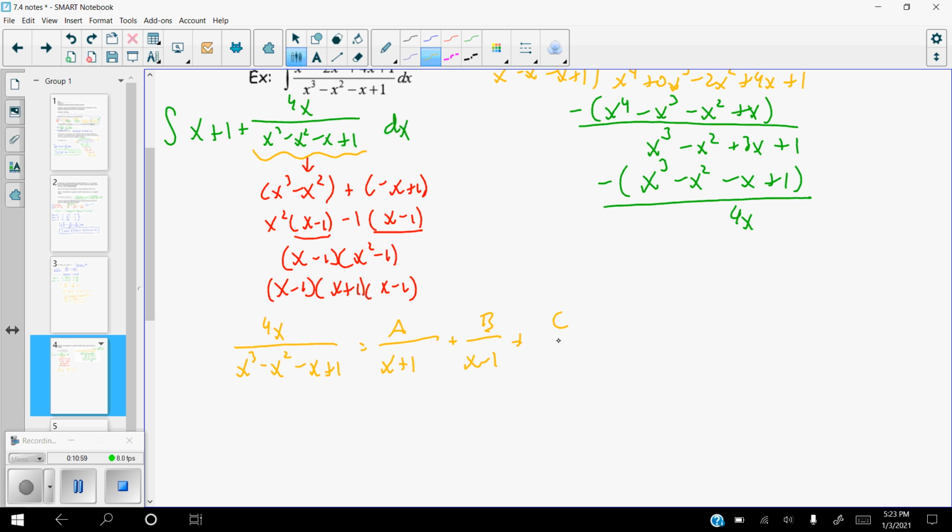I am going to have something, it's not going to be over x minus 1. It can't, because if that was the case, then really I could just put b plus c on top of x minus 1. It doesn't work that way. I need three distinct factors. This one gets the square.